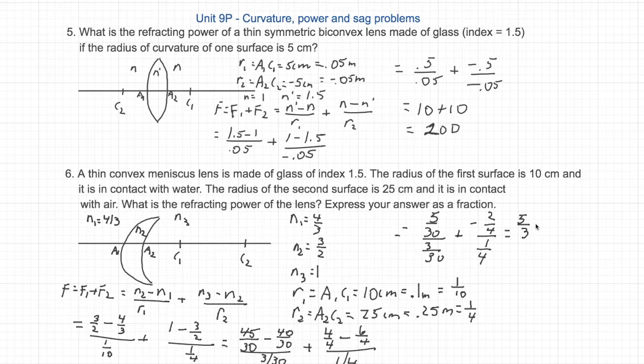And the first fraction becomes 5/3. The second fraction becomes minus 2 over 1, or minus 2. There you go. So we got 3 as our common denominator, and we have our total power is negative 1/3 diopters.